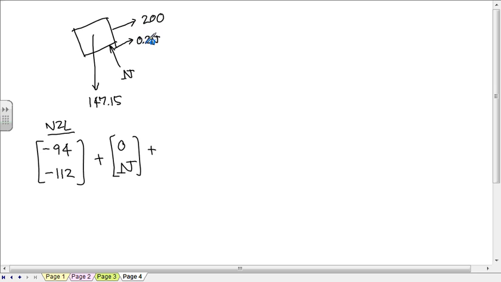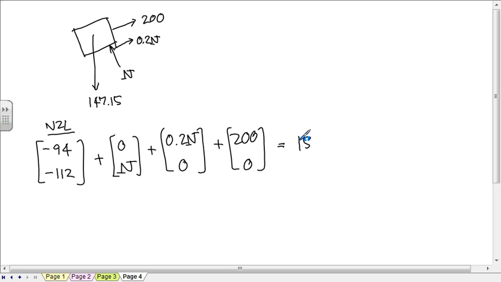The friction force is always plus or minus in the x direction and then 0 in the y direction. In this case, that's positive x. (200, 0). And what's the acceleration? A0.